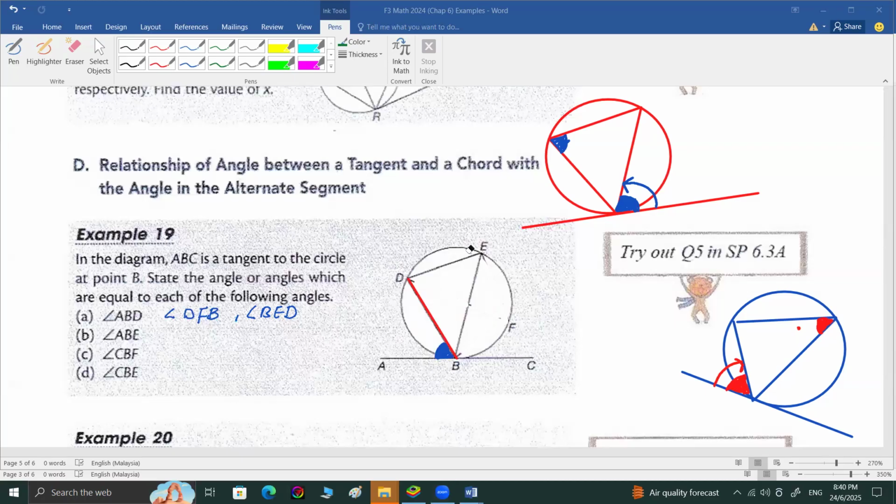Question 5. Okay, wait, that's three. You see one more. ABE. I go ABE here. Then ABE touches this line. This line, I cannot use this triangle anymore. Why? You see, it's overlapping already. The angle overlaps, so we don't use this one. Now we use the other one.